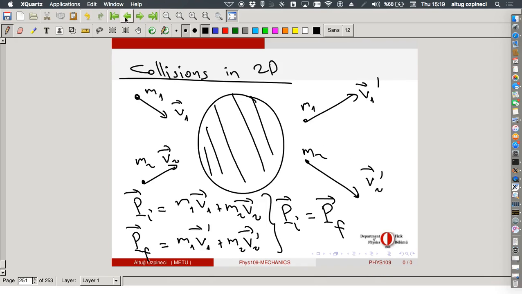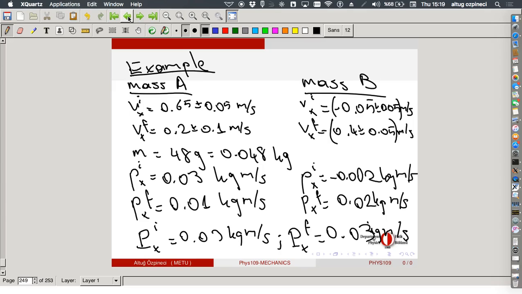Now let's go back to this example where we have these two masses. Now what is the change in the momentum of the first particle? Mass A, 0.02 kilogram meters per second.